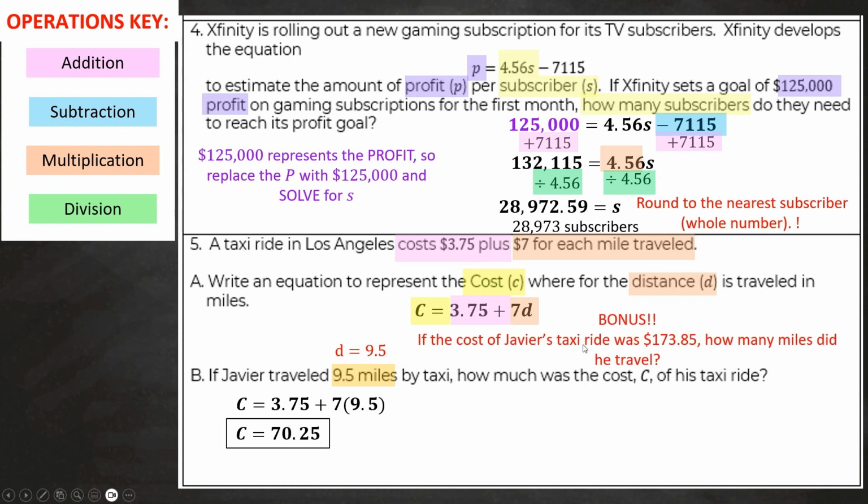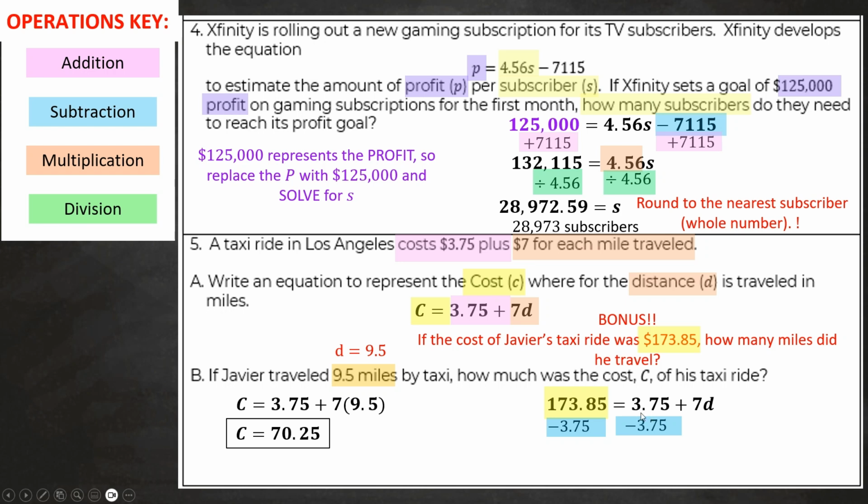However, what if I told you the cost of Javier's ride, for example, $173.85, and asked how many miles he traveled? Well, then what I would do is take out the C, cost, and plug in the 173.85. Then I would have to solve for D to find the distance.